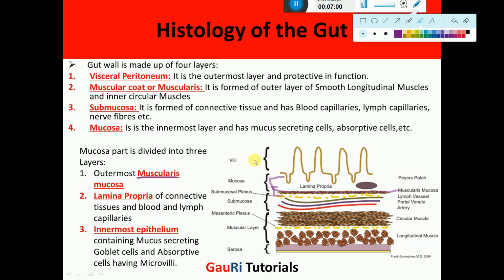Then the innermost layer has mucus secreting cells called goblet cells, and also absorptive cells with microvilli. These are villi. The role of the villi is to increase the absorptive surface area, so that the digestive products are absorbed into the blood vessels present in this layer, so that they can later be circulated in the whole body.